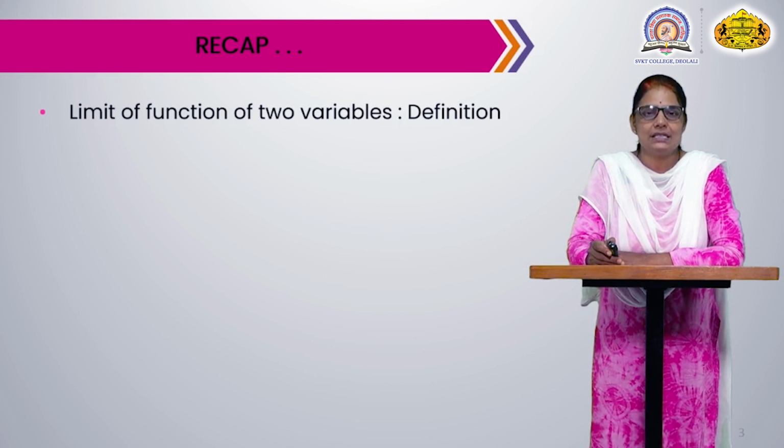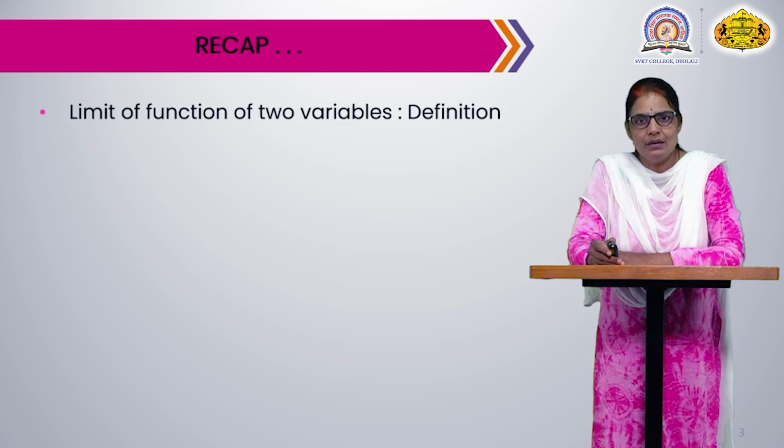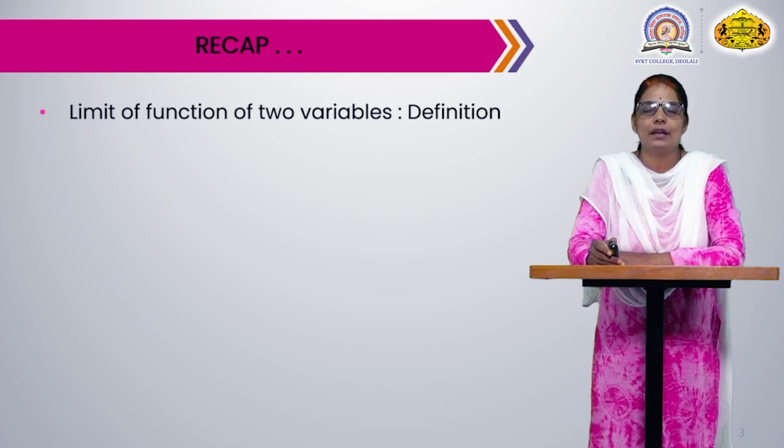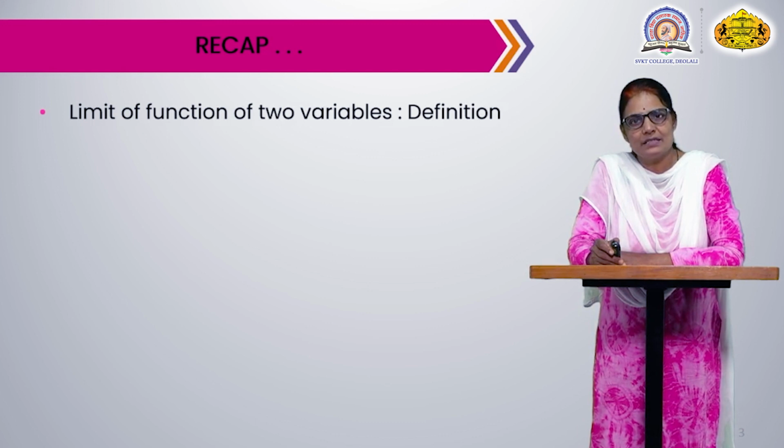Then a real number L is said to be the limit of the function f(x,y) as (x,y) tends to (a,b), where (a,b) is a point in D, if for every epsilon greater than 0, there exists a real number delta greater than 0, such that for all (x,y) belonging to D, the domain of the function, |f(x,y) - L| is less than epsilon when 0 is strictly less than the square root of (x-a)^2 + (y-b)^2, which is less than delta.